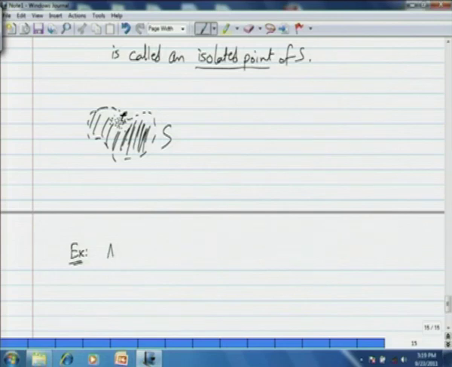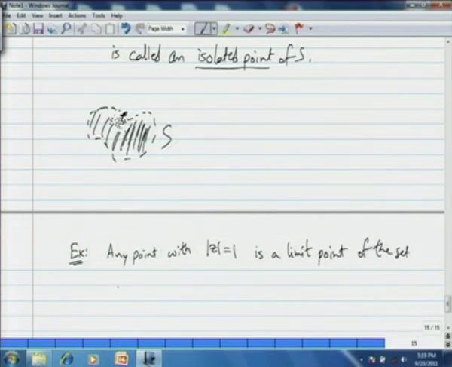Any point with the modulus of z equals 1 is a limit point of the set of all z belongs to C such that absolute z is strictly less than 1.